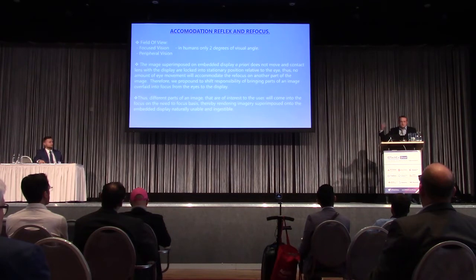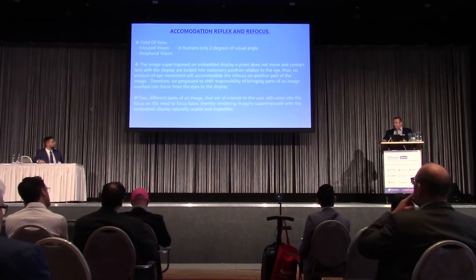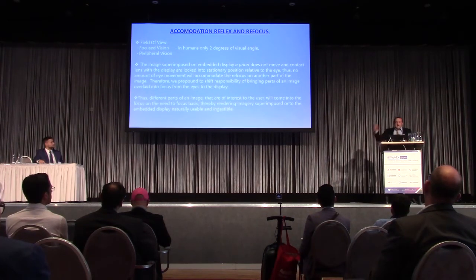Just to demonstrate as an example, if I have a rectangular display built into the contact lens, in my peripheral view I will see a timer somewhere here. So I don't see the time, but I know there is a timer and there's a timestamp that constantly gets updated. Now, it's on my eye. I want to accommodate to take a look at what the time is.